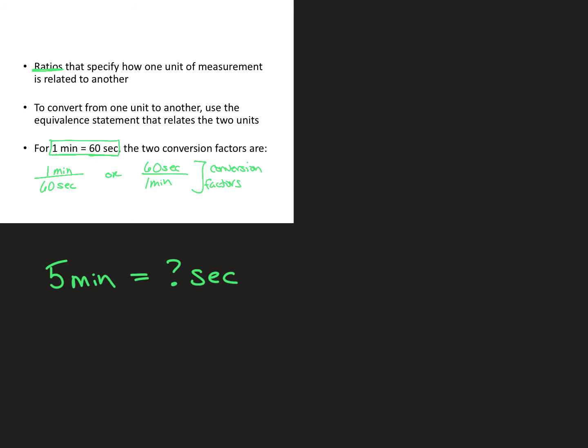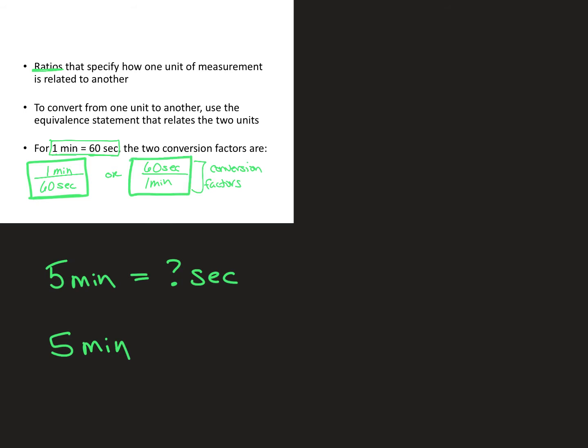But I want to show you this dimensional analysis process using conversion factors with something familiar, so that you see how it works and can then use it for unit conversions that aren't quite as simple. You're always going to start with what you know, which in this case is the 5 minutes. Now I'm either going to use the 1 minute per 60 seconds conversion or the 60 seconds per minute conversion.